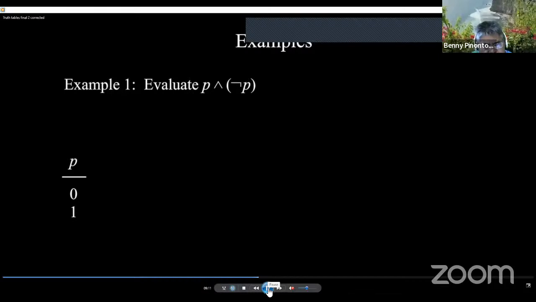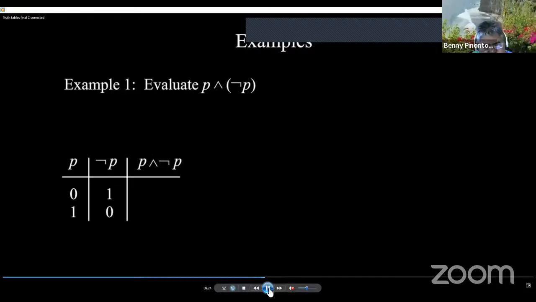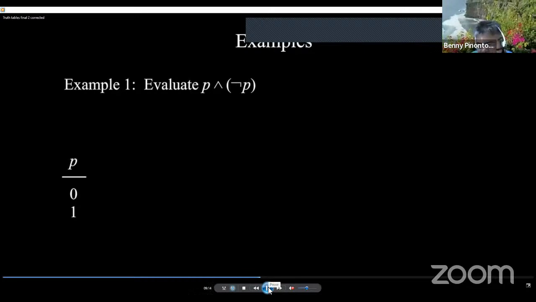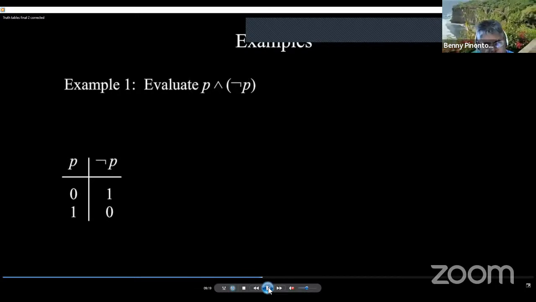And the next one is not P. So you have the not P, and we saw before that not P contains all the opposite of P. So if P is 0, not P is 1, and if P is 1, then not P is 0.